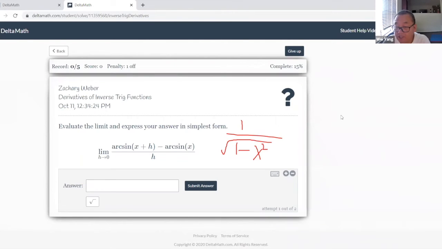This actually asks you for the derivative of arcsine x. They ask you to find this. This one equals this.